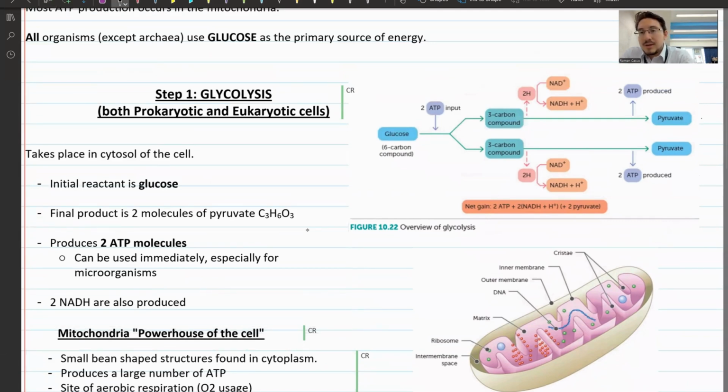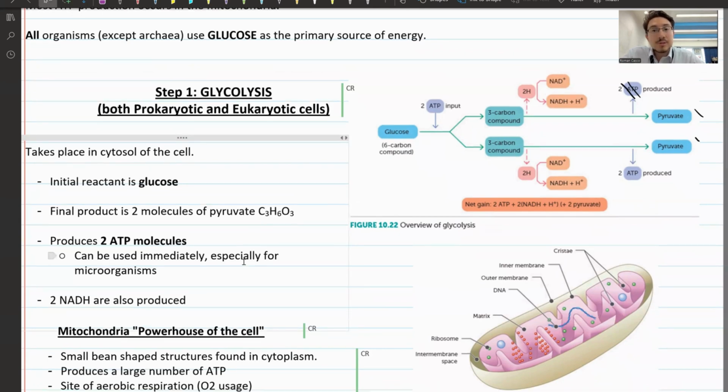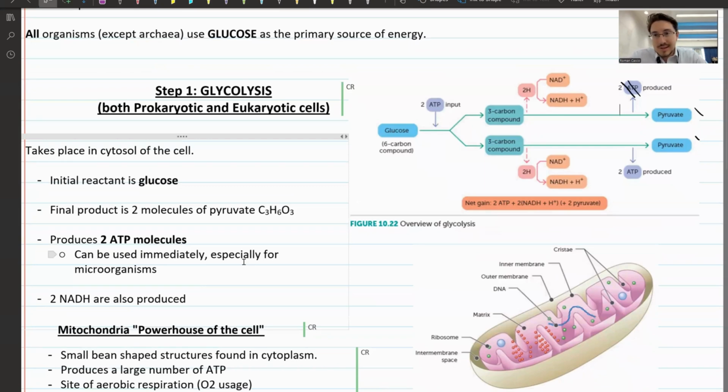Here's one, here's two molecules of ATP. But wait a second, you have two here and you have two here. That's four. But because you consumed two in the beginning, you have a net gain, a final gain of just two molecules of ATP. Okay, and those two molecules of ATP can be used immediately for any type of chemical processes and so forth.